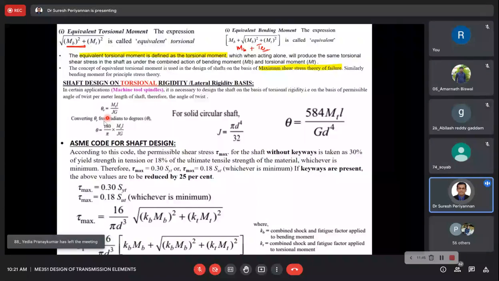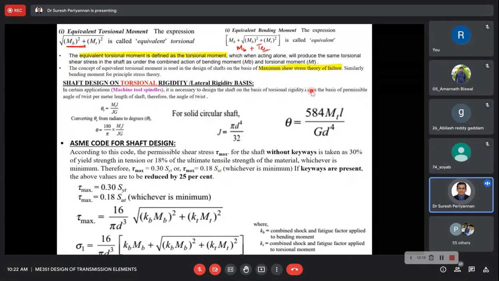Now this is also very simple. See here, in which case are we going to use torsional rigidity for designing the shaft? For example, in certain applications, such as machine tool spindles, it's necessary to design the shaft based on torsional rigidity, that is, on the basis of permissible angle of twist per meter length.